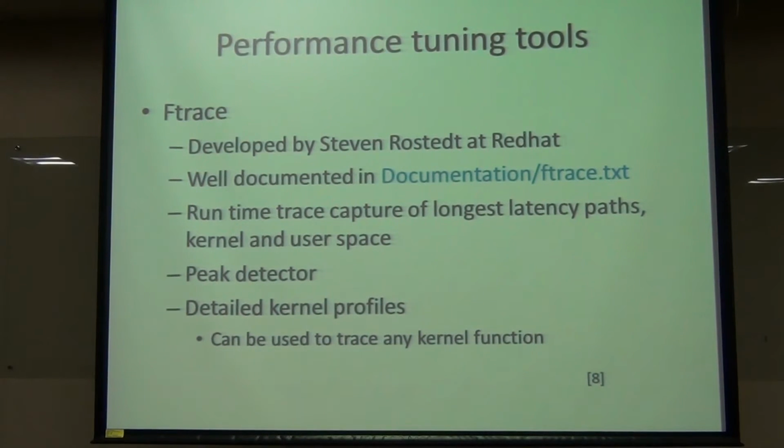Performance tuning tools: ftrace, function trace, developed also by one of the RT preemptive patch developers, Steven, and it's very well documented. And he even made a GUI tool for displaying this ftrace, called KernelShark, similar to Wireshark in network hacking.